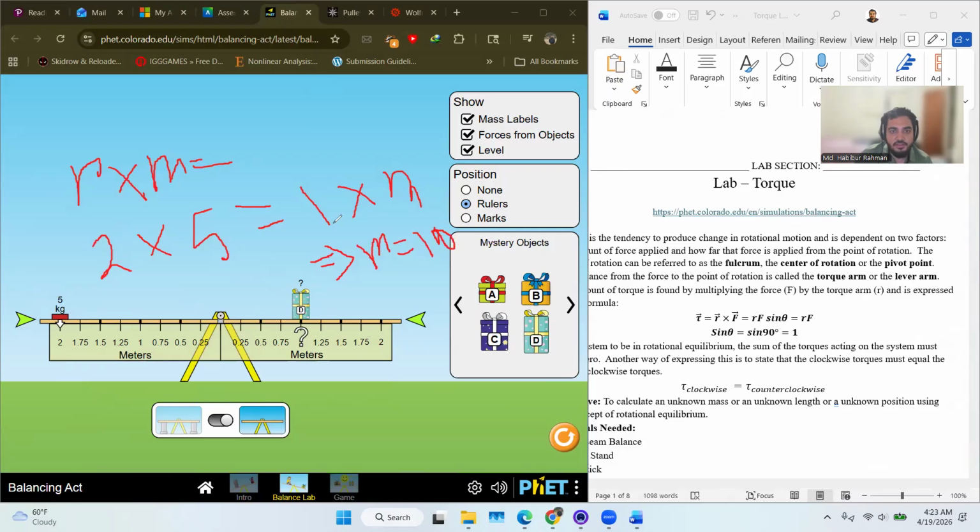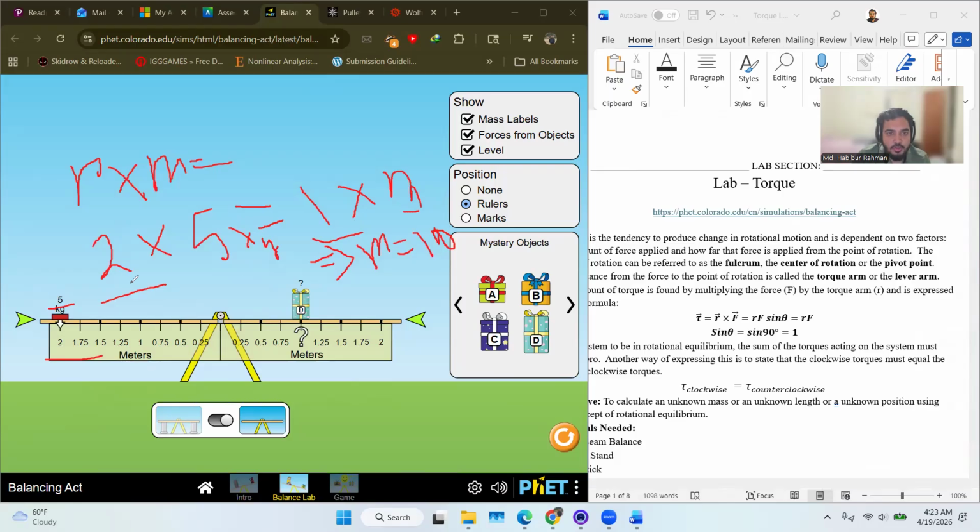How can I find it? Because distance times mass, there will be g also, gravity. So the distance is 2 meters and the mass on the other side is 1 meter and the mass we don't know. So 1 times m equals 1. If you multiply any value with 1, then it will go. Otherwise, you can divide by that one.